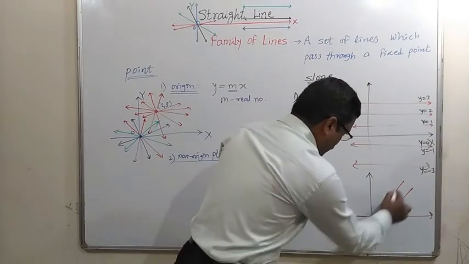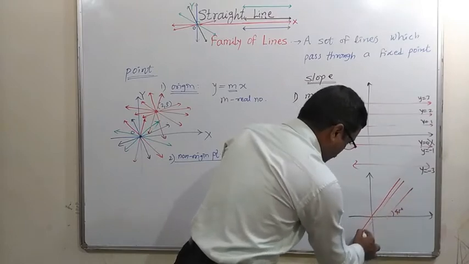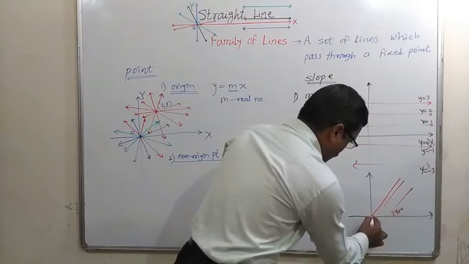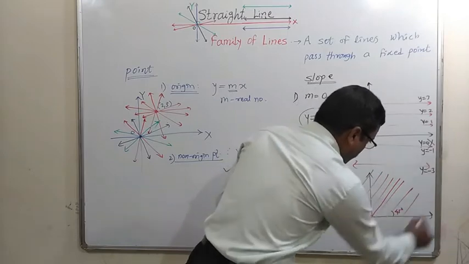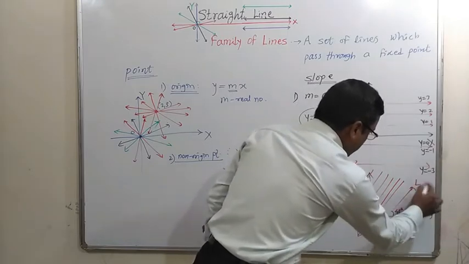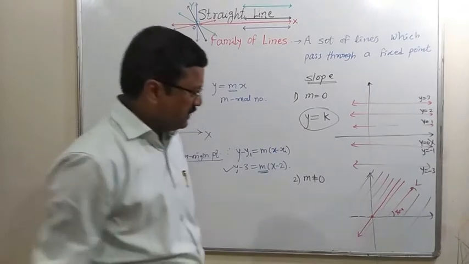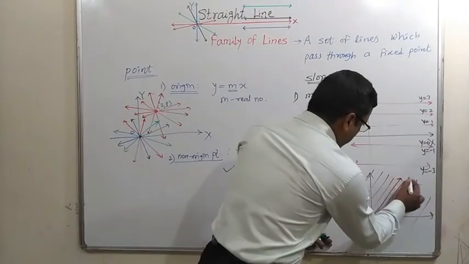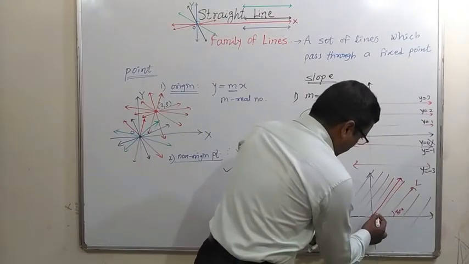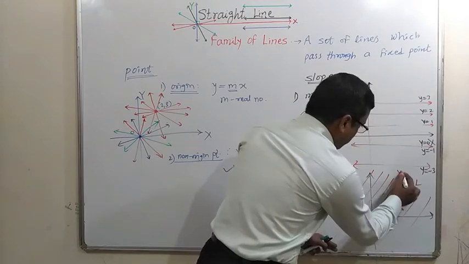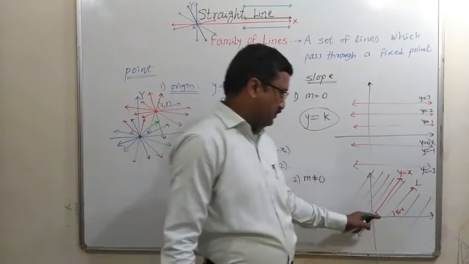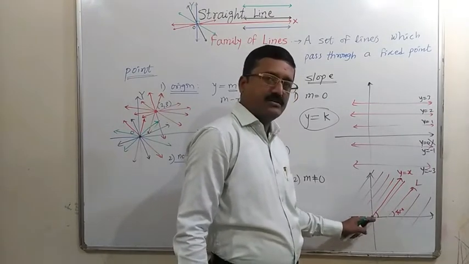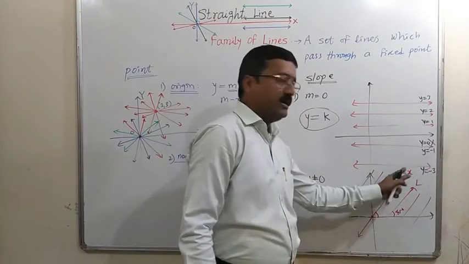So we can draw a number of lines parallel to this line. This is our initial line L, passing through the origin and making angle 45. The line will be y is equal to x. You know the slope is equal to 1 because tan 45 is equal to 1. So the equation of the line will be y equal to x.